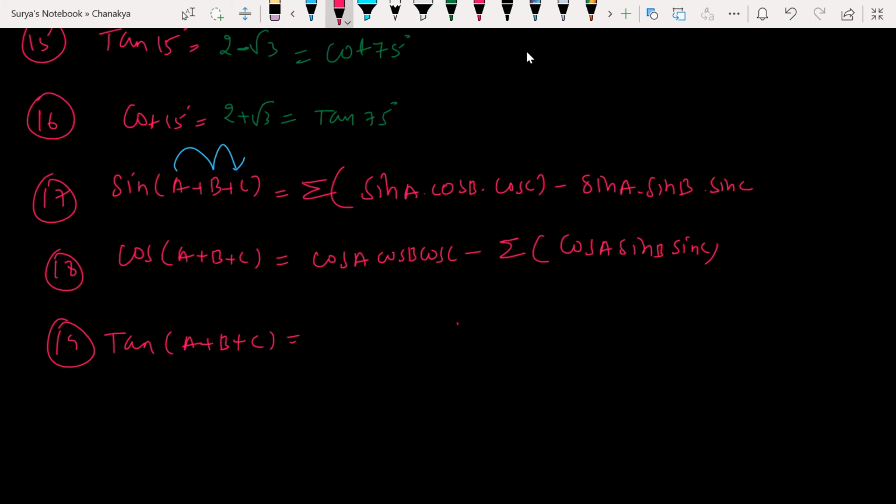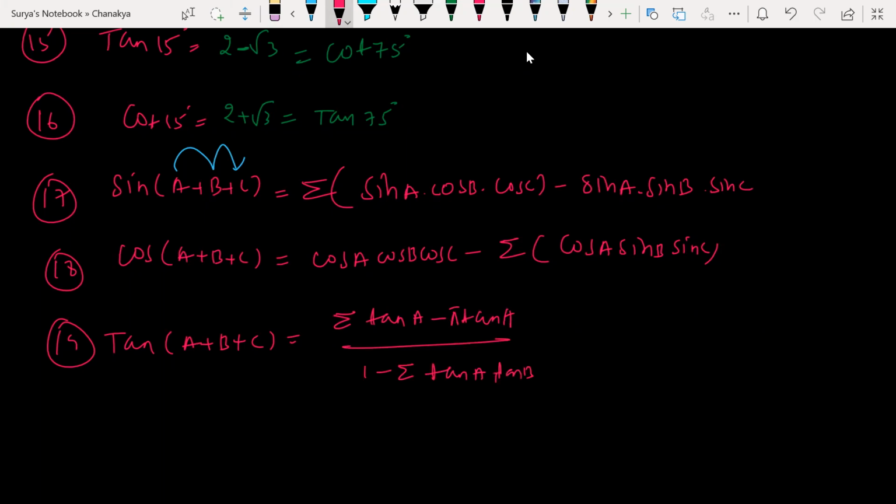So tan should be written as the summation of tan A minus the product of tan A tan B tan C, divided by 1 minus the summation of tan A into tan B.